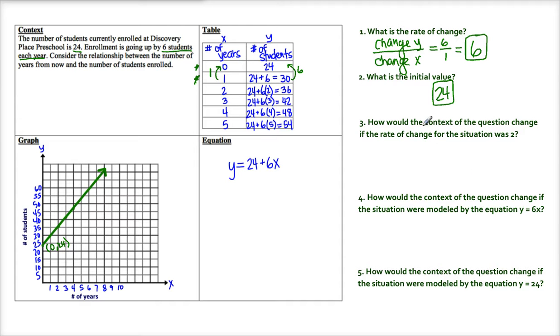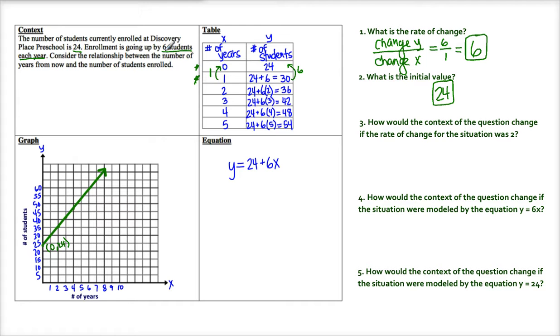Okay, now we're going to change up some of the context and some of the equations. So question number 3 says, how would the context of the question change if the rate of change for the situation was 2? So instead of the rate of change being 6, we're saying how would the context change if the rate of change was 2? Now notice that the rate of change in the context is right here.